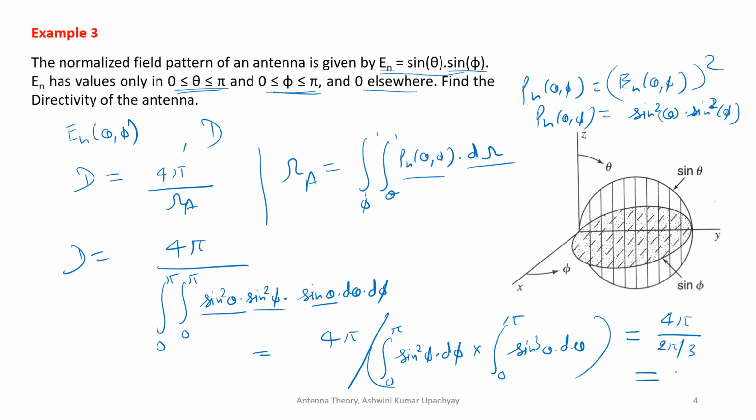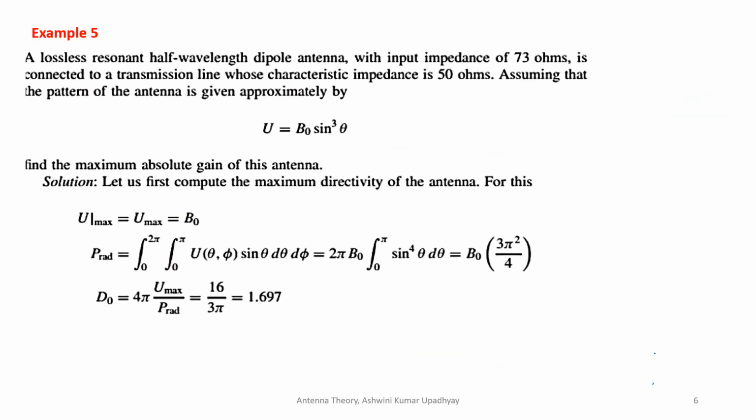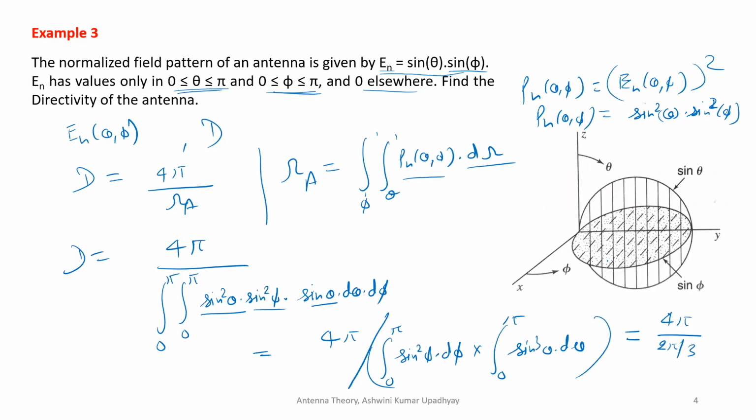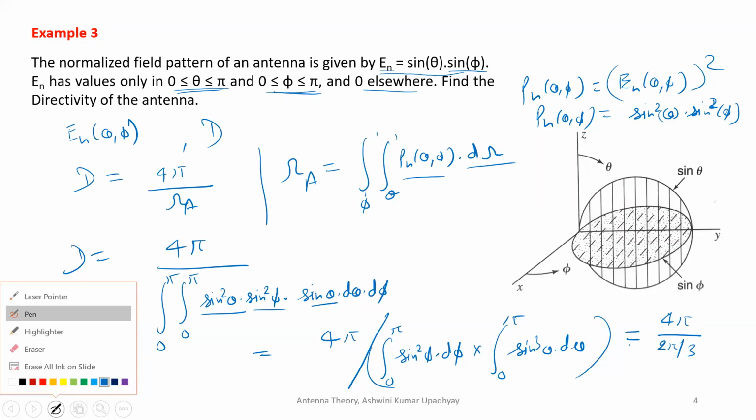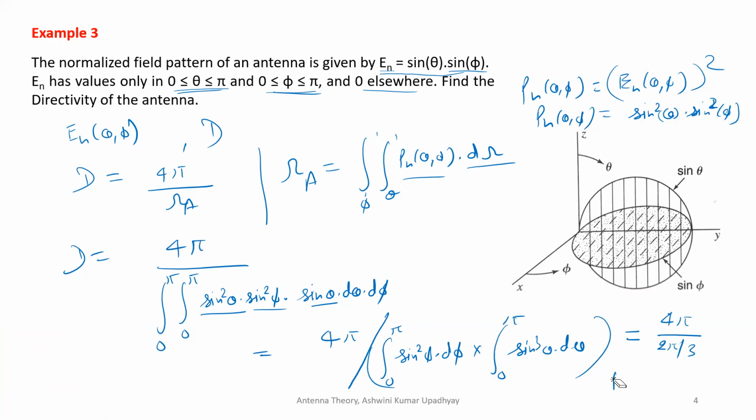So you are going to get your final directivity as D is equal to, this 2 pi will cancel with 4 pi leaving 2, and 3 into 2 will become 6. So your directivity is 6. 6 will be the directivity of your antenna.